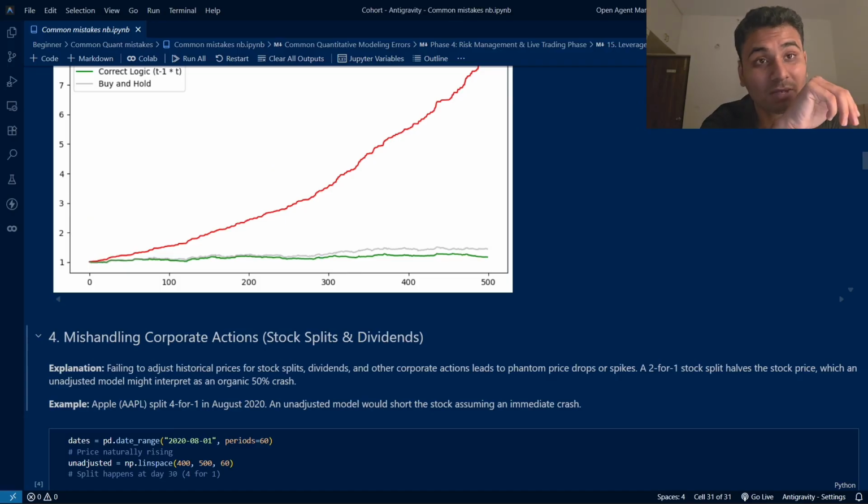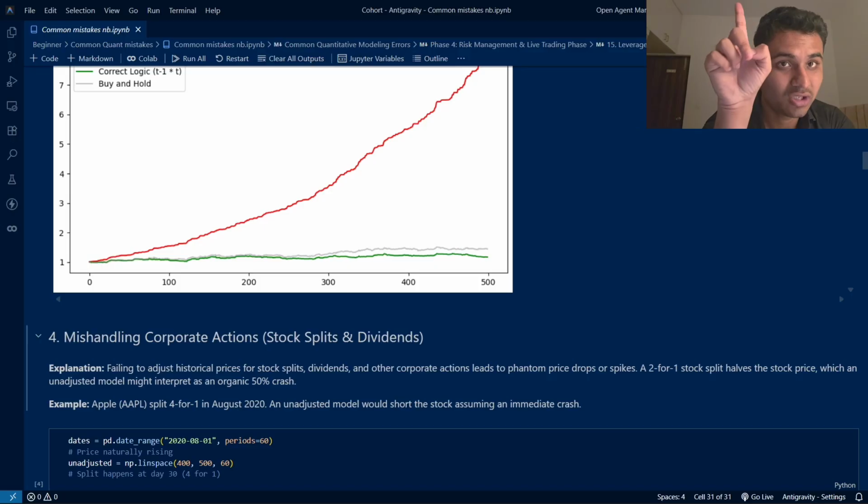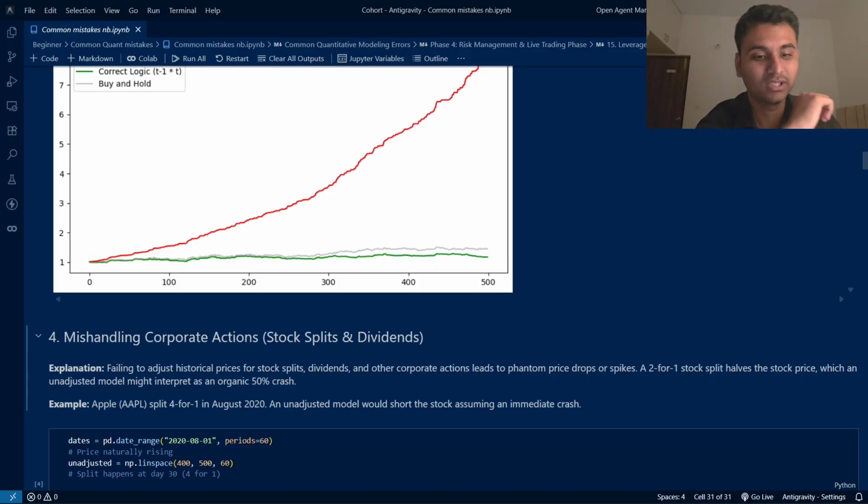Now after the split, because it was a 4-for-1 split, one share will be divided into four shares of 100 each, right? So if you don't have the adjusted price for stock splits and dividends, and the model was already in a position before August of 2020, it will see a severe crash.